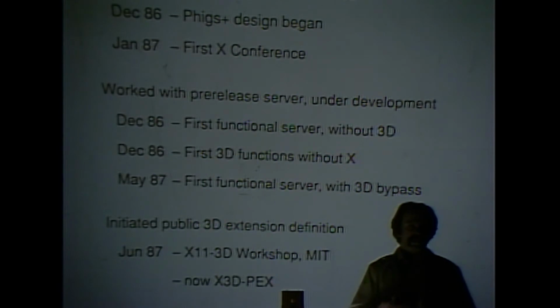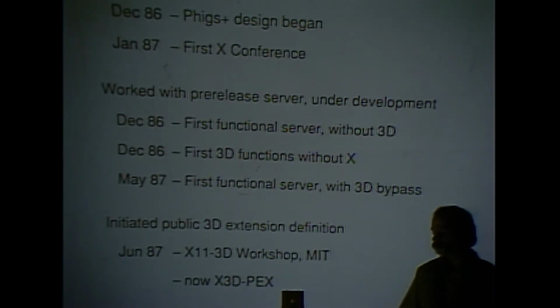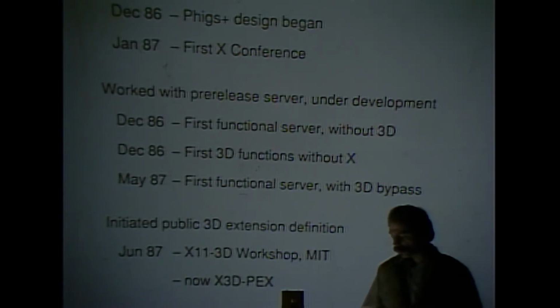Then it took us another few months to get those coordinated. At that time, we were using a bypass mode, and we still are, for the 3D, where the 3D graphics was coordinated with X, but the actual 3D requests don't go through an X protocol.